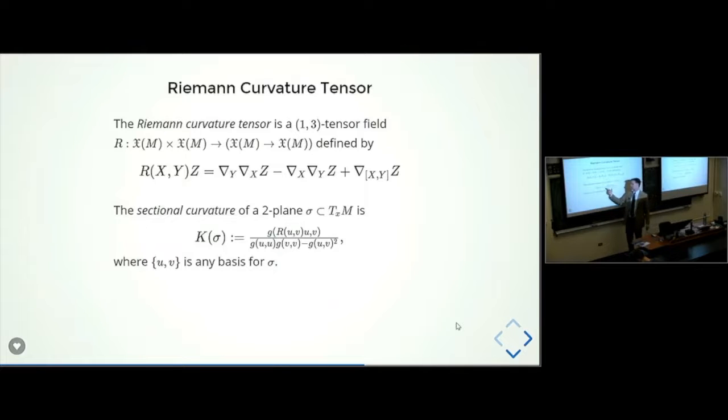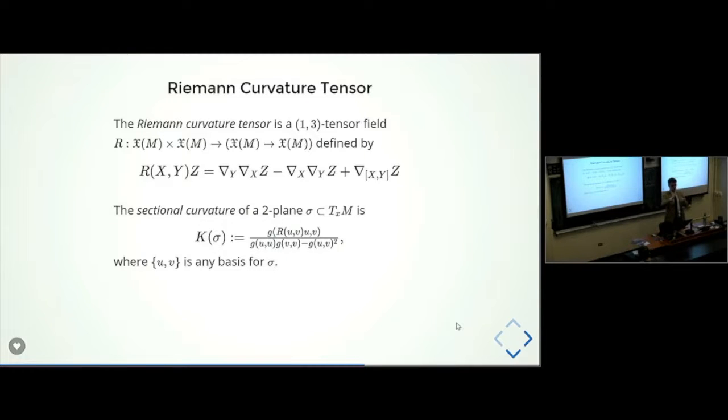And this looks like a giant, disgusting mess. What's really going on here? Well, if you're talking about a surface, this is just the usual Gauss curvature, if you ever encountered Gauss curvature of surfaces. What the sectional curvature does is say at a point I choose a two-plane and I spit out a number. So what am I really doing?